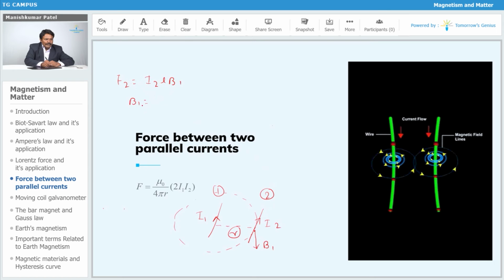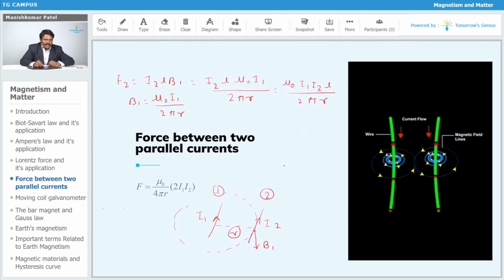Again, B1 is mu 0 I1 upon 2 pi r, that is the field due to an infinite current carrying conductor. So simply you put this value: I2 L times mu 0 I1 upon 2 pi r, which gives mu 0 I1 I2 L upon 2 pi r.